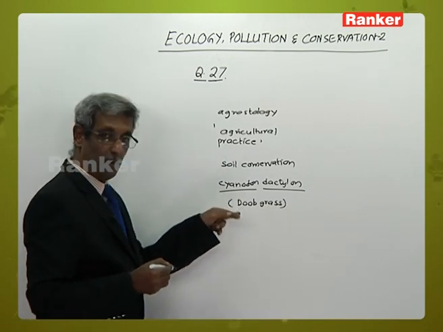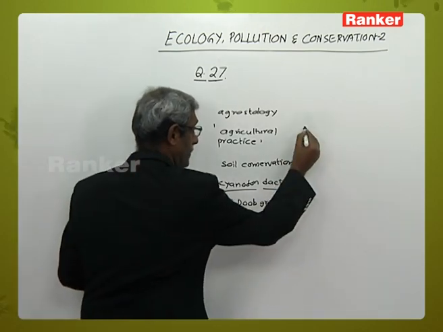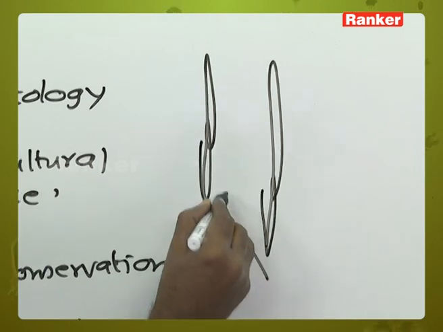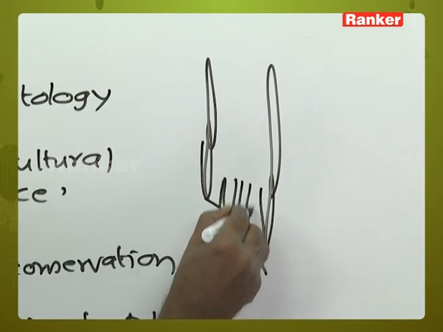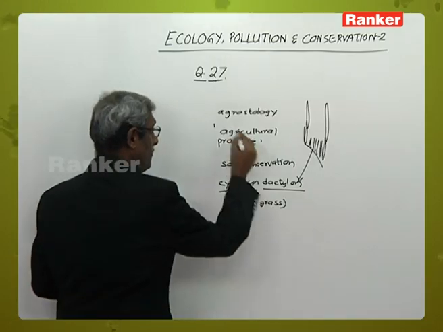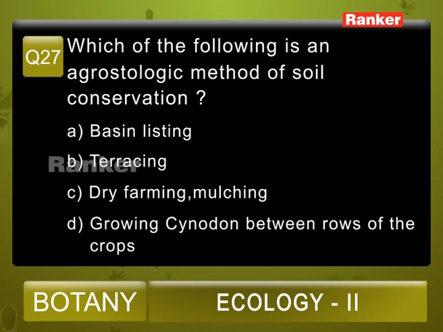So, if we grow this grass between crops, if you have a crop and in between crops we grow cynodon dactylon, it is helpful with relation to soil conservation. So, the answer is D.